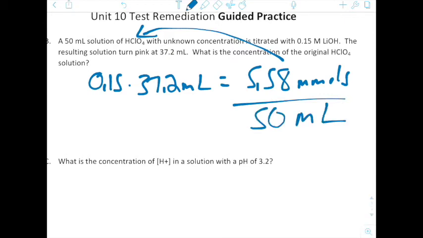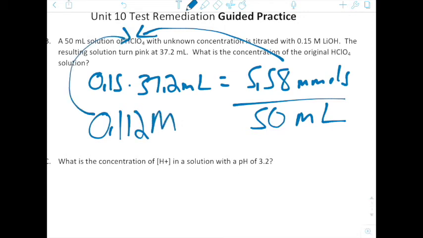And so what we get is a concentration of our acid of 0.112 molar solution of our perchloric acid.